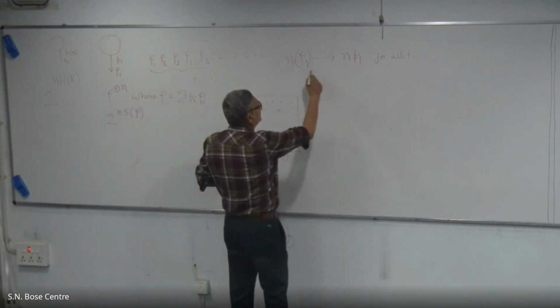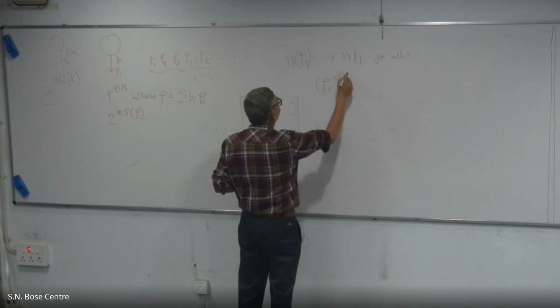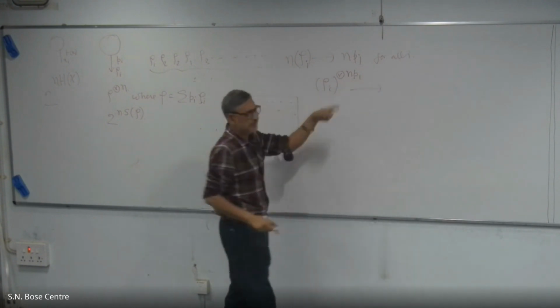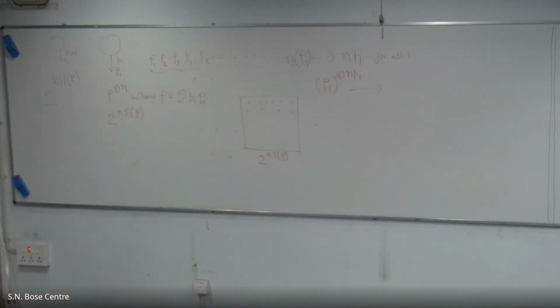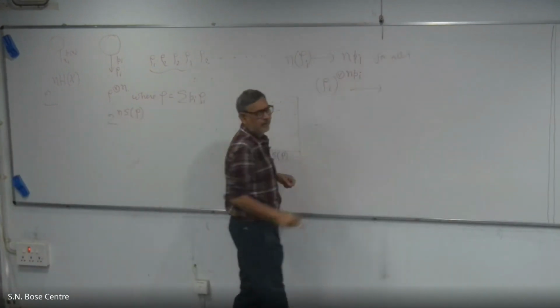So what is the subspace of this? n p1 number of rho 1, n pi number of rho i, each with the rank of rho i.